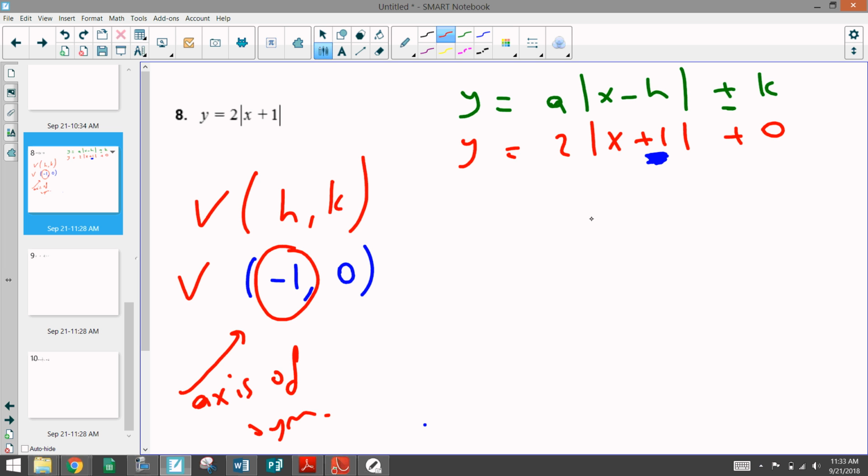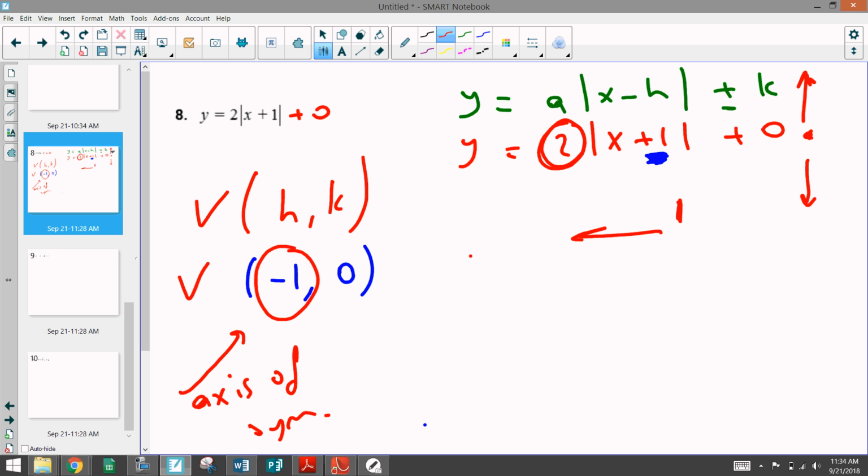And then third question, what are the transformations? What's happened is it moved to the left 1 unit and then stretched by the factor of 2. That's it. Since it's not this one, what was k? What was the function of k? It was going up or down. So since it's 0 in my question, it's not going up or down.